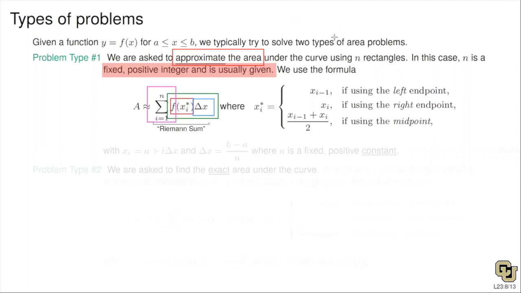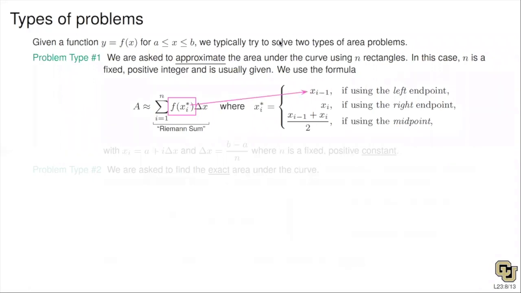And now for the height, how are we finding the height? Well, there's 3 different ways. If you say I want to use left endpoints, then I'm going to replace the x sub i star with x sub i minus 1. If we're told, oh no, you need to use the right endpoints, then I'm going to replace x sub i star here with x sub i.